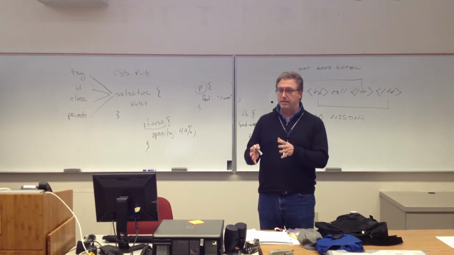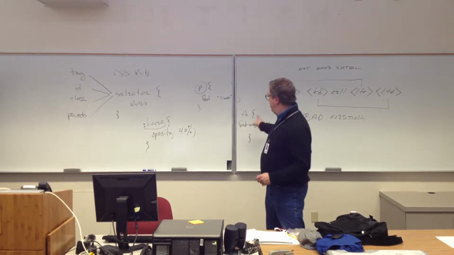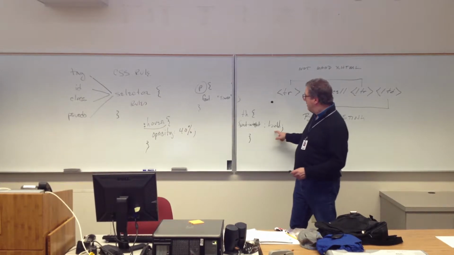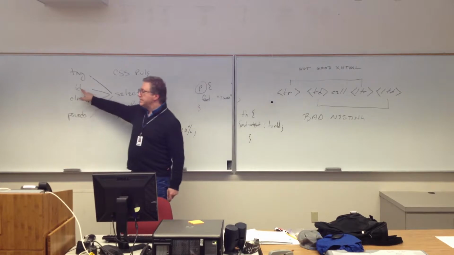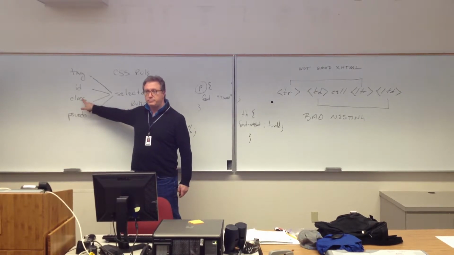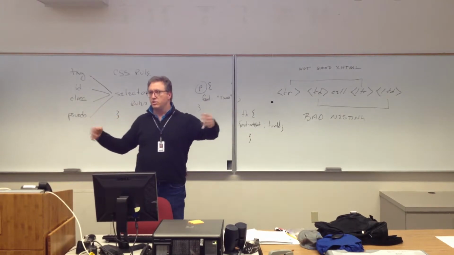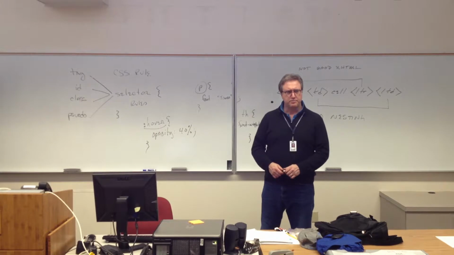So the files that actually get put into production, typically they cut out all of the character terms. And when you're developing it, you can name your classes and IDs anything you want, and typically the identifiers are big and long so you can remember what they're good for.